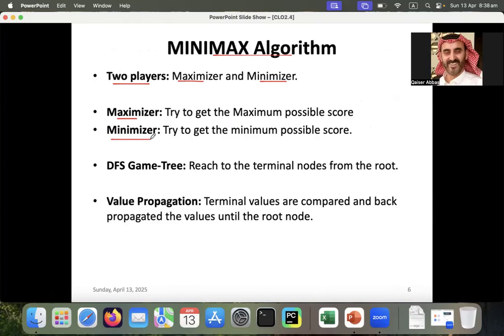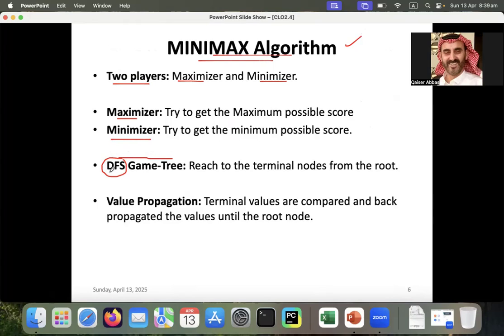That is what we said: the gain of one player is exactly balanced by the loss of the other player. In this minimax algorithm, we will follow depth first search, so we can build a depth first search game tree for this algorithm if we want.